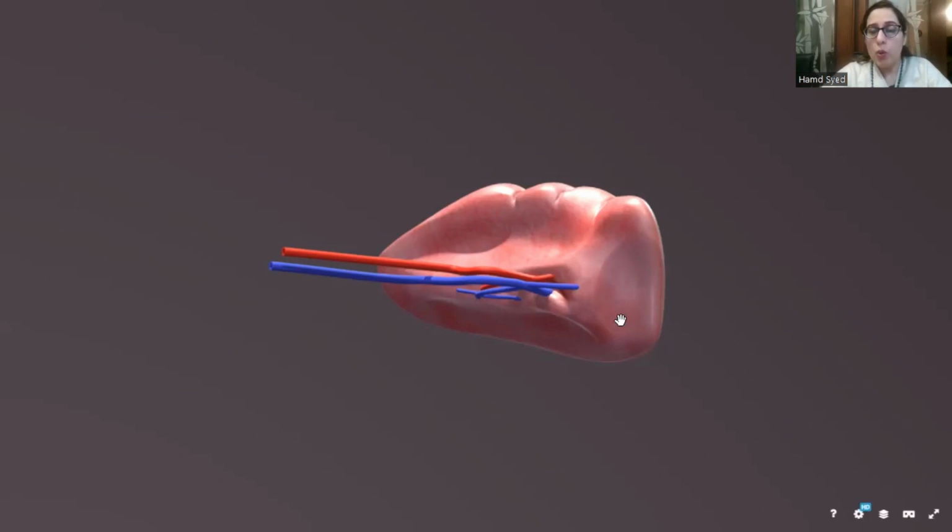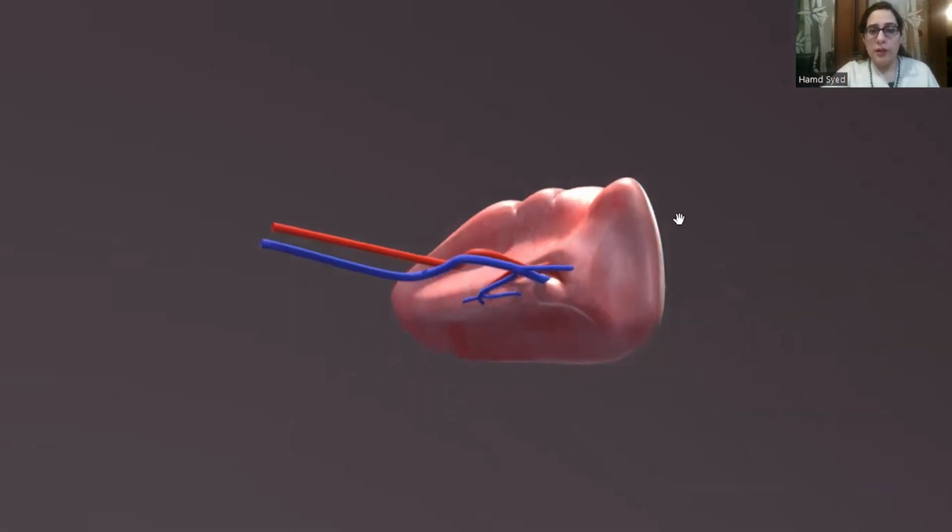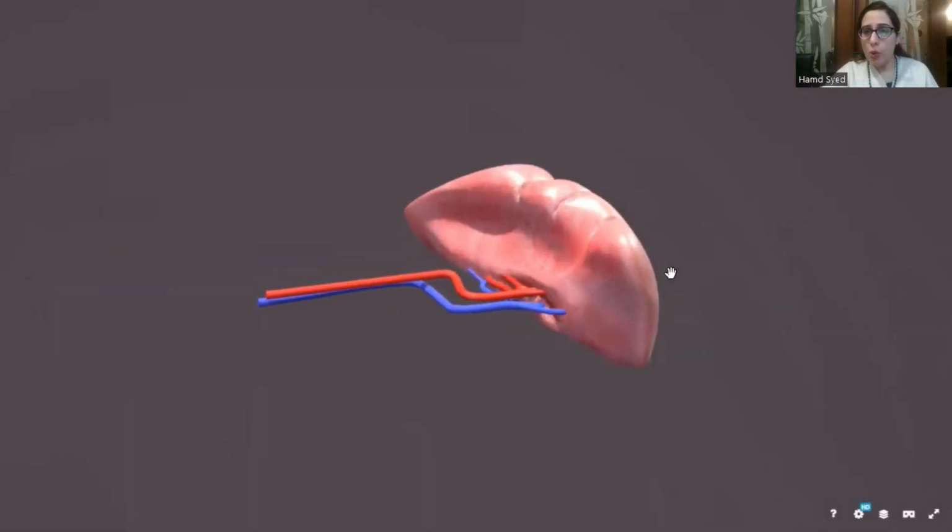And where we have this colic impression, it is lying adjacent to the left colic flexure and the phrenicocolic ligament. And I already told you about the pancreatic impression, which is lying adjacent to the tail of the pancreas. So that here is the discussion on the gross anatomy of the spleen. So let's go back to our PowerPoint slides.